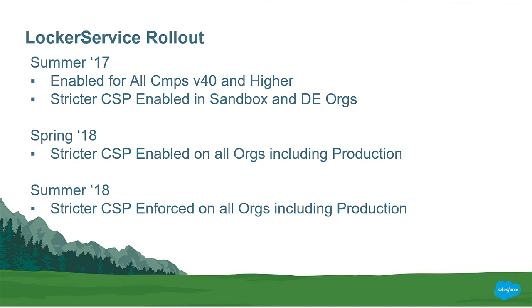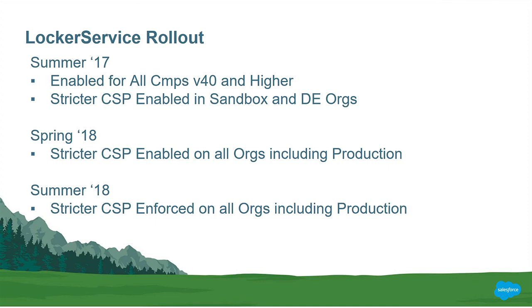So we enforced it on version 40, and in the same release, we enabled stricter CSP in Sandbox and DE orgs only. So you can play around with enforcement of unsafe inline and unsafe eval in Sandbox and DE orgs starting with the summer 17 release. In Spring 18 release, we will enable, via critical update, stricter CSP in production orgs as well as Sandbox and DE.